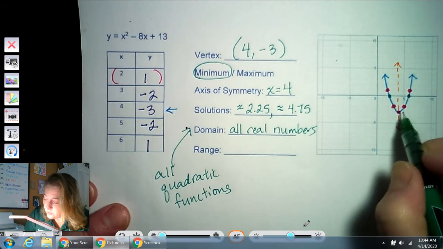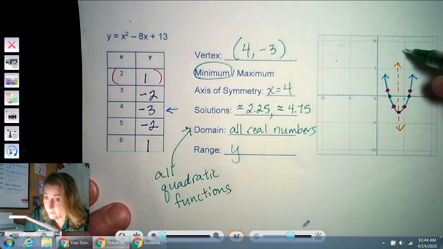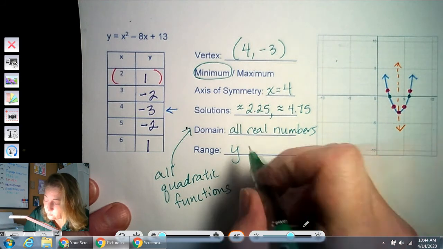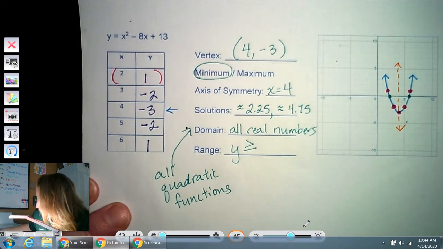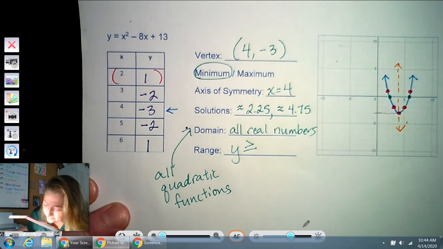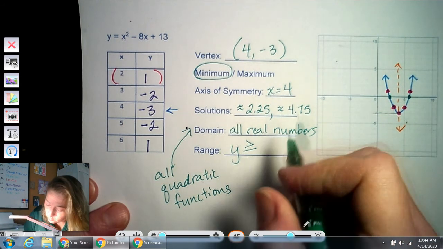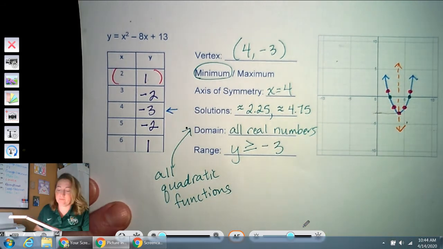Okay, the range is always going to be y. This parabola goes up from its lowest point, so y is greater than or equal to, and then the lowest point is 1, 2, 3, at negative 3. So y is greater than or equal to negative 3.